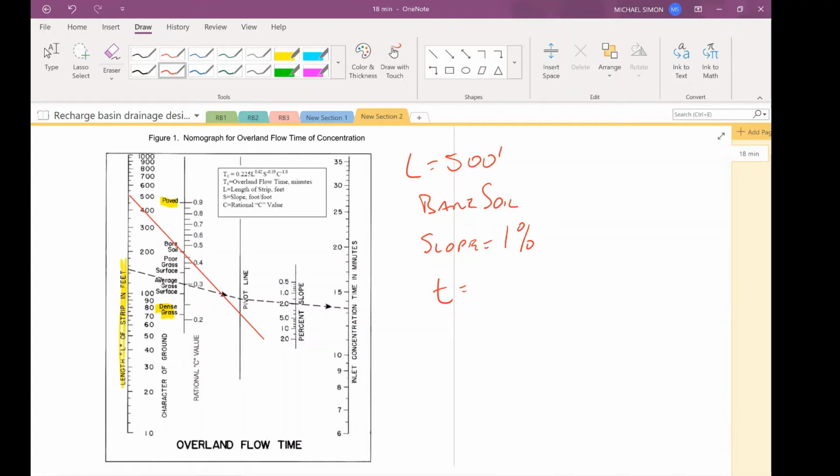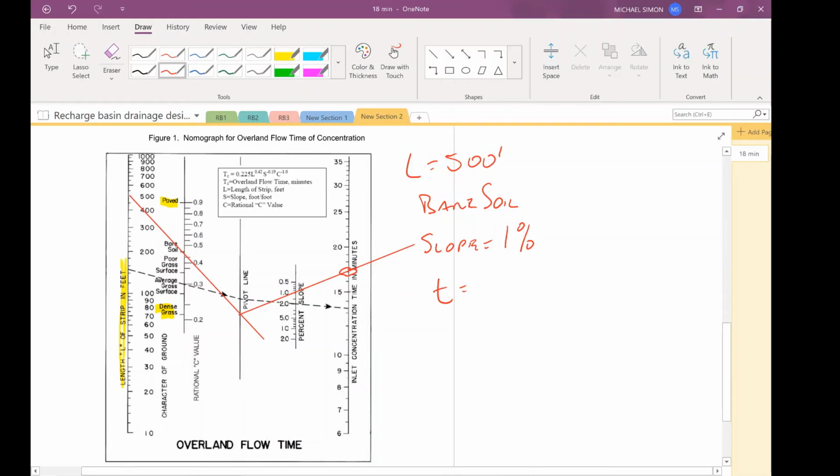Then from that pivot point, we go through the 1% slope. There's my 1% slope here. I just draw a line right on there, and that is my time of concentration right there.